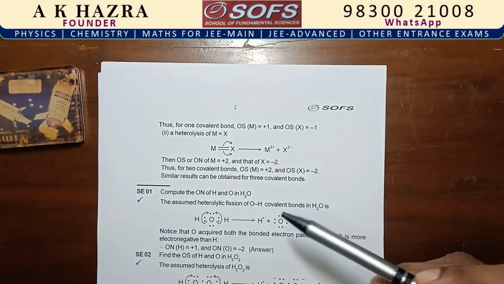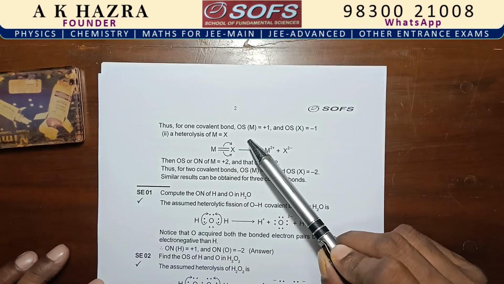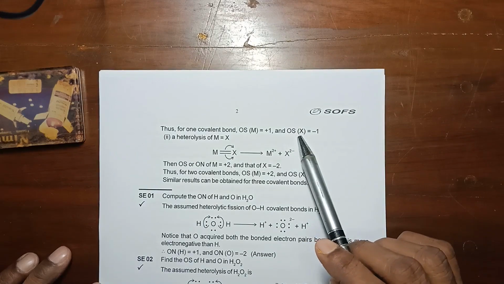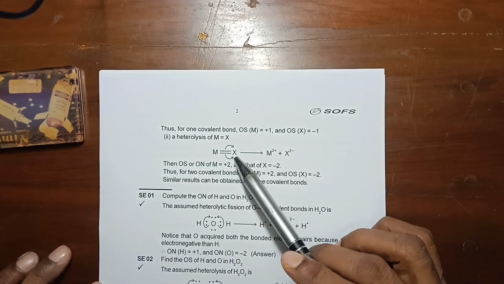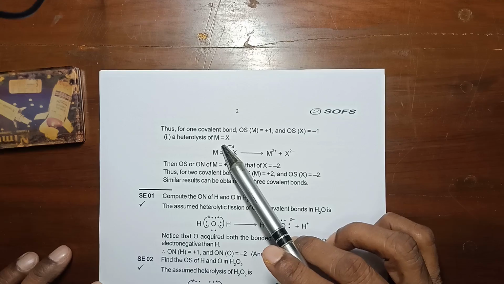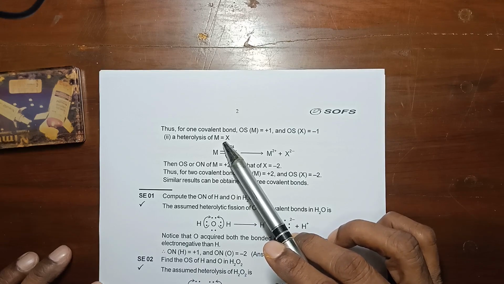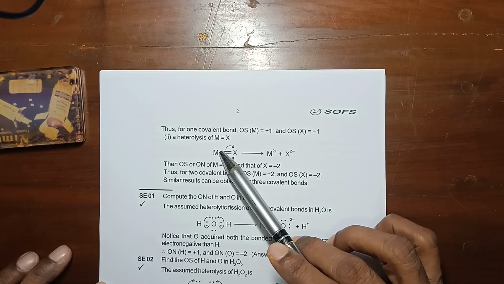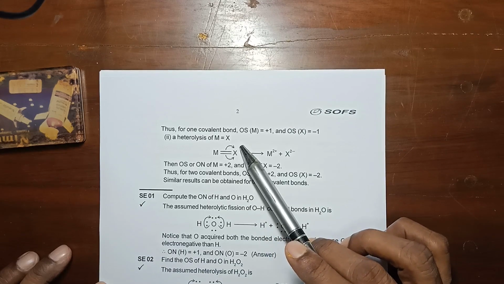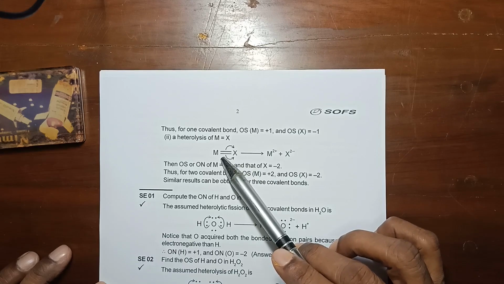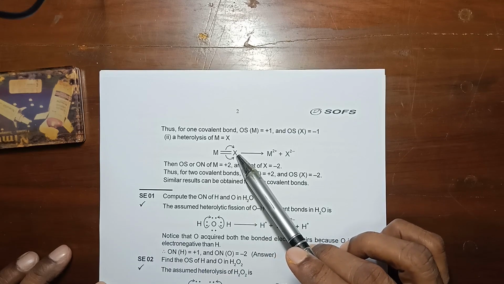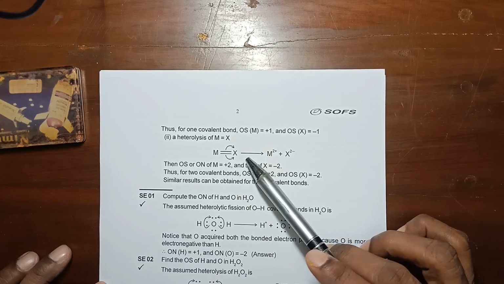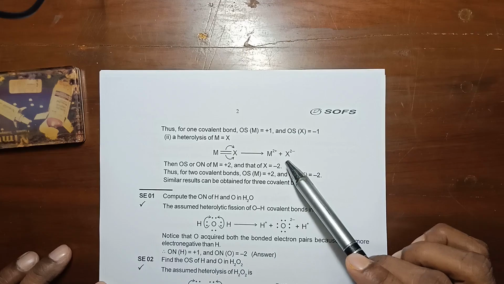Thus, for one covalent bond, the oxidation state of M is plus 1 and the oxidation state of X is minus 1. Similarly, if we consider the heterolysis of M and X connected by a double bond, for the heterolytic fission these two electrons will completely transfer to X, and similarly the two electrons of the other bond will also transfer to X. So M loses 2 electrons and has the charge 2 plus, and X gains 2 extra electrons, so 2 minus.